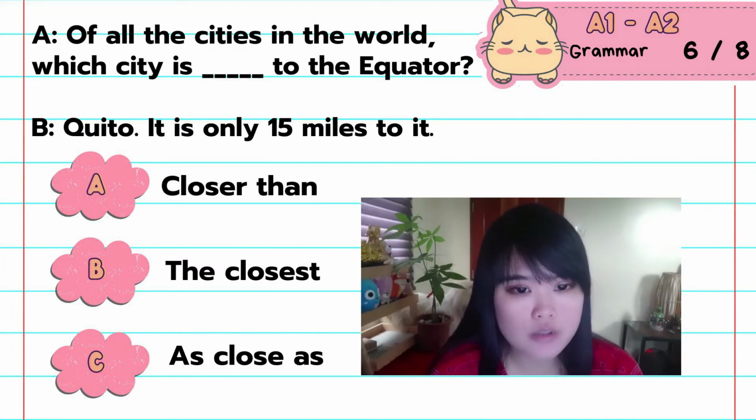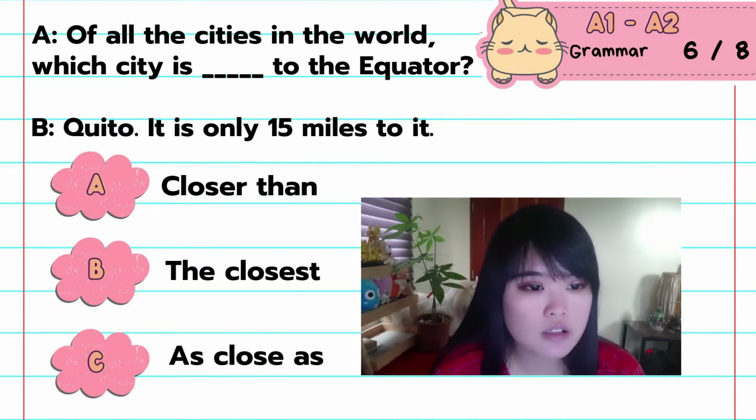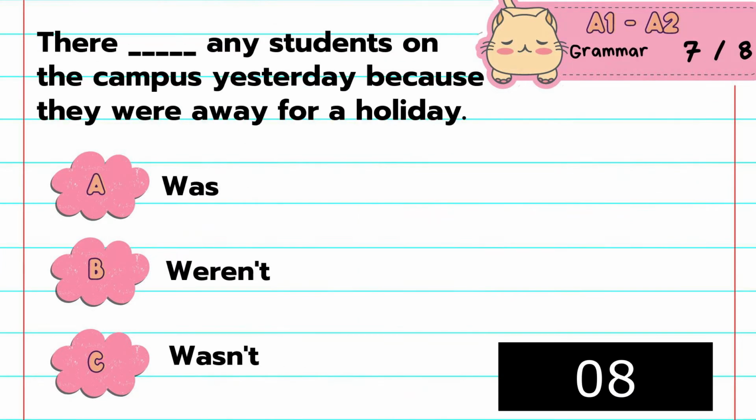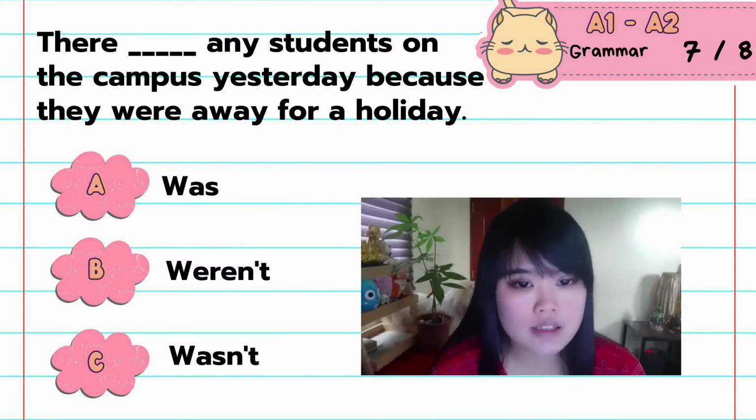B. The closest. Of all the cities in the world, which city is the closest to the equator? Weren't. There weren't any students on the campus yesterday because they were away for a holiday.